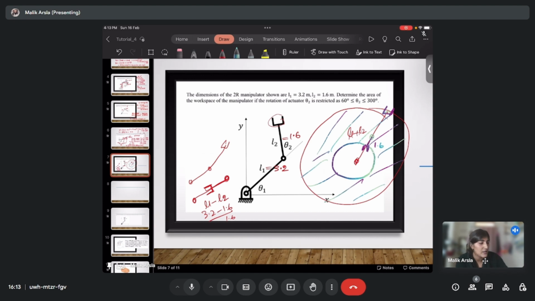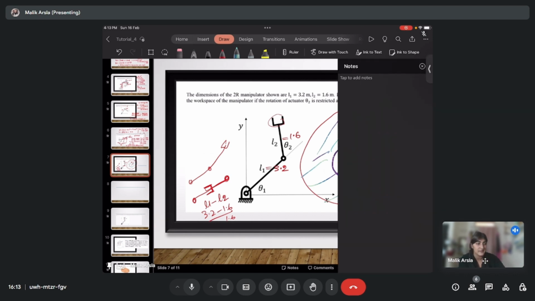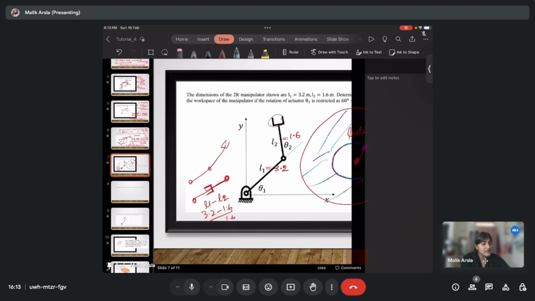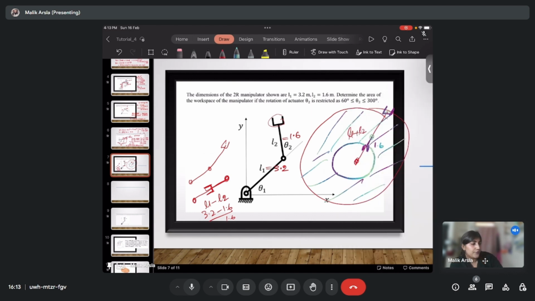Then for the inner circle, the radius would be L1 minus L2, so the area would be pi of L1 minus L2 whole square, and you would subtract those areas and you would get the workspace, right? This is how you get the workspace for a 2R manipulator.